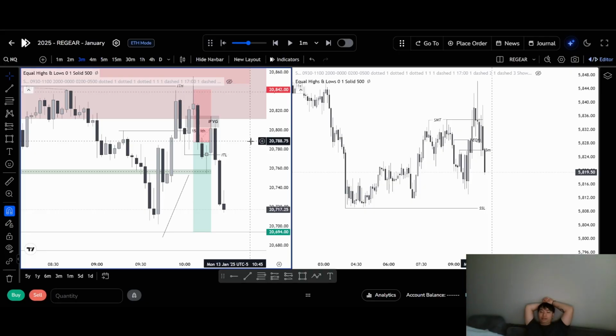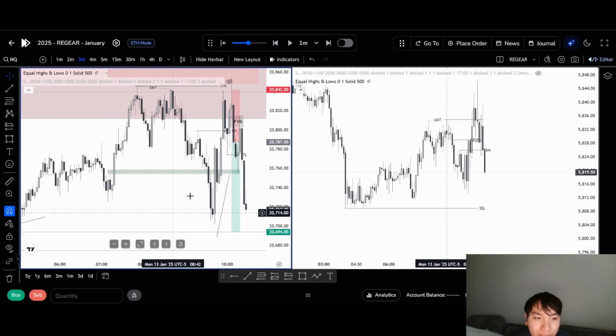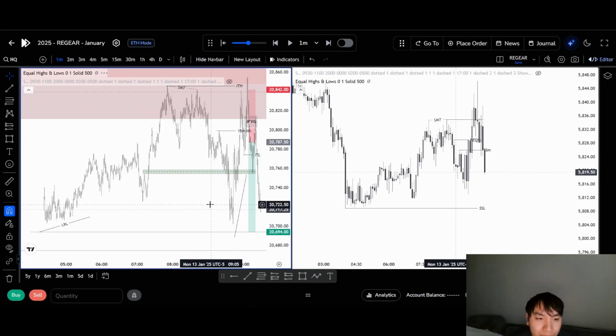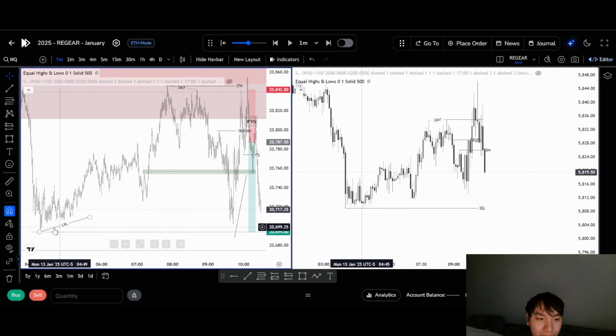In fact, maybe for a resweep, right? But at this point in time, we were overall trending lower. We generated so much liquidity that we wanted to sweep all of this. If you look here, there's a bunch of liquidity that still hasn't been taken out.